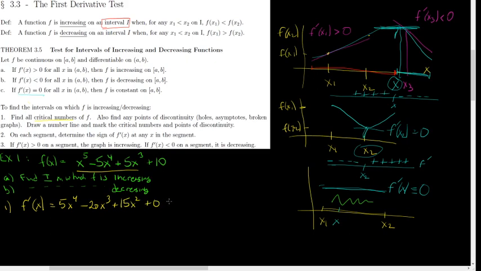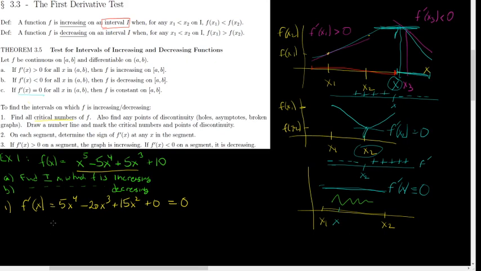So that's the derivative. Where does it equal 0? Actually, before we do that, let's remember, a critical number is where the derivative is either 0 or does not exist. Well, this is a polynomial. This is going to exist everywhere for all real numbers. So in this case, we only have to worry about where the derivative equals 0.